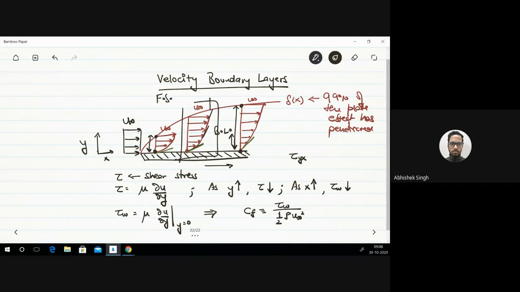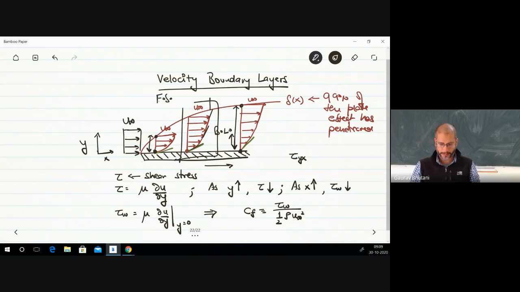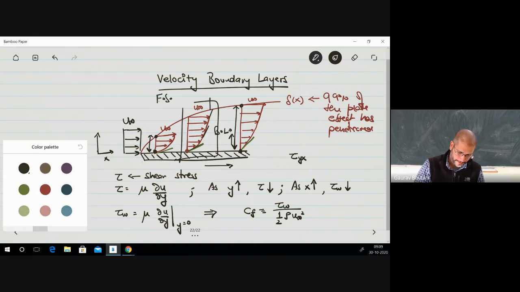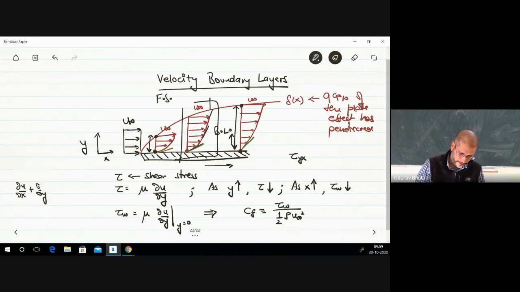Sir, if the fluid is incompressible, then the divergence of velocity should be equal to zero. That means du by dx plus dv by dy should be zero. If v is zero, then du by dx should also be zero. You're saying for incompressible fluids, we have this thing, right? Yes, sir.